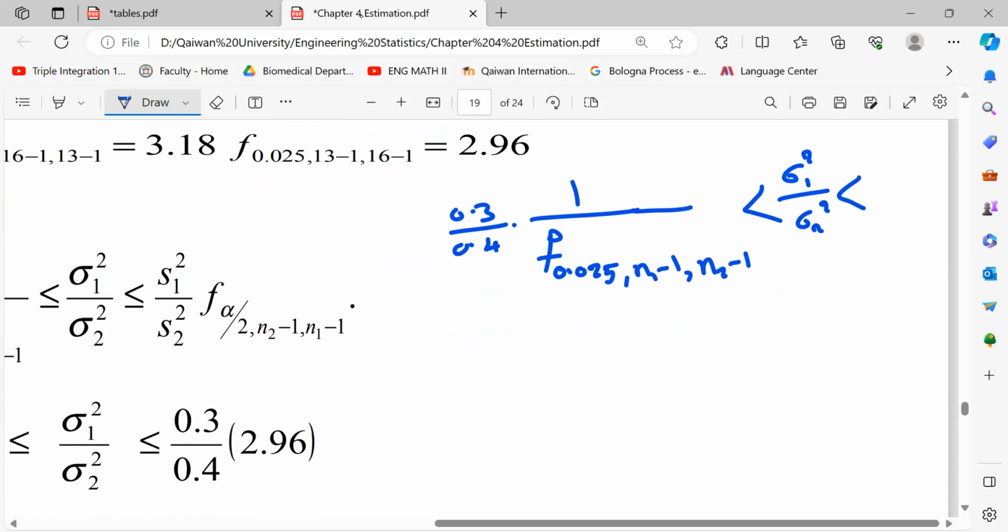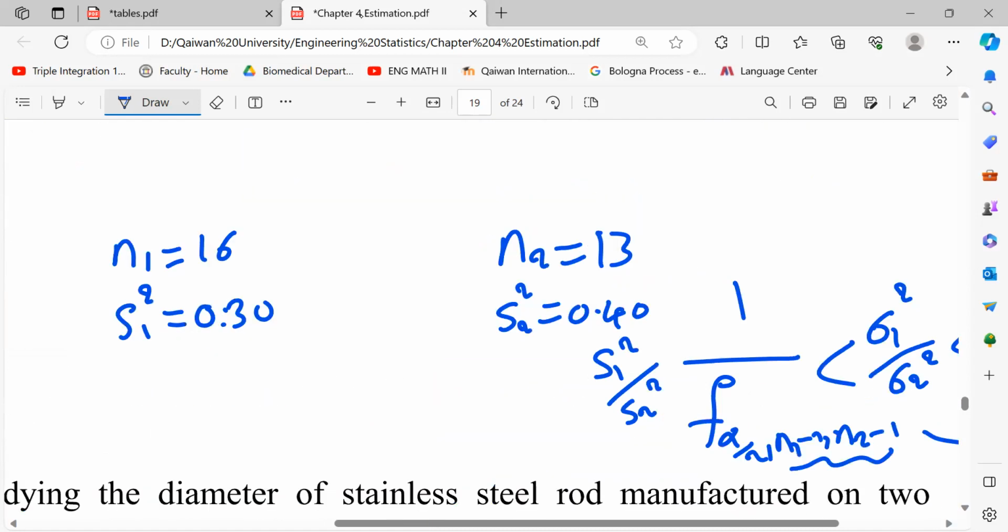In the other side, we have S1 squared over S2 squared, which is 0.3 over 0.4 times F of, it's in the numerator. F in the right hand side is in the numerator, 0.025. Then N2 minus 1, N1 minus 1. Let's find N2 minus 1, N1 minus 1.